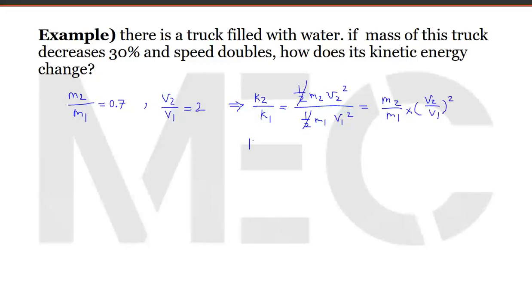So K2 over K1 will be equal to 0.7 times 2 squared. 4 times 7 is 28. 28 with one decimal place is 2.8. So kinetic energy increases by a factor of 2.8.